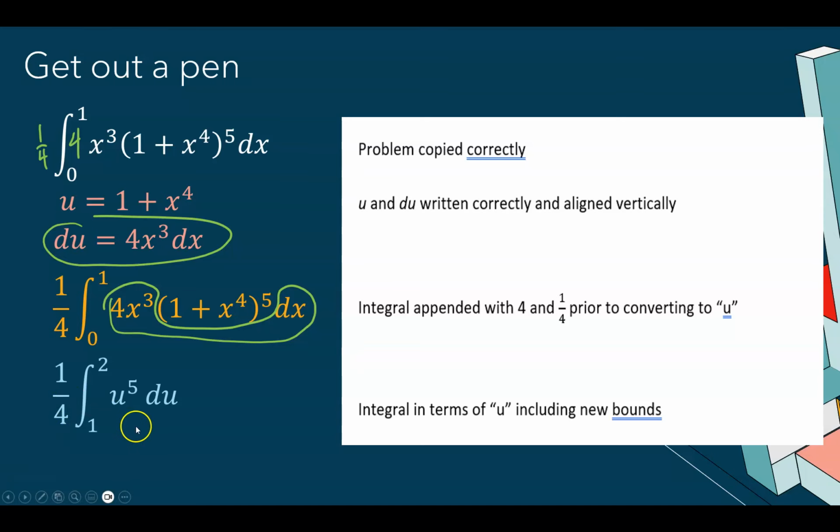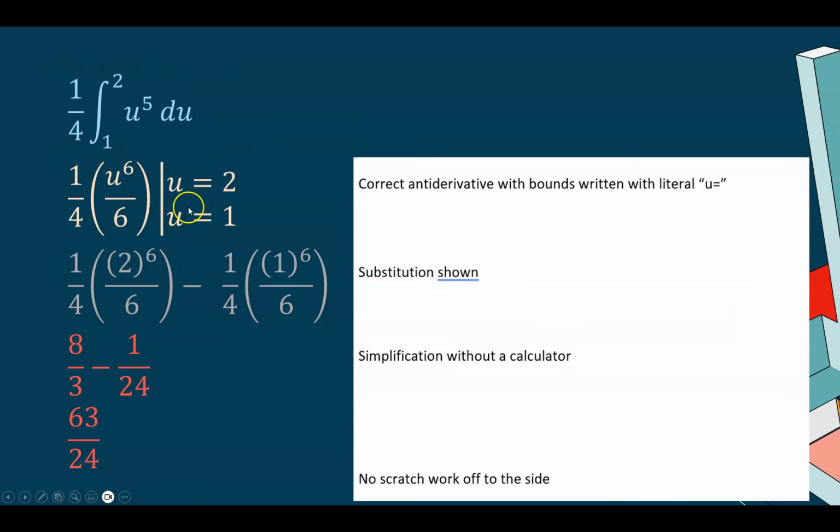Okay, down here in blue, we want to see an integral in terms of u. The 1/4 is out there. And the point really we're looking for is when you change to u the first time, did the bounds change from x equals 0 to u equals 1 and x equals 1 to u equals 2? When you do the antiderivative, I don't think you're going to screw up u to the 6th over 6, but maybe you did.